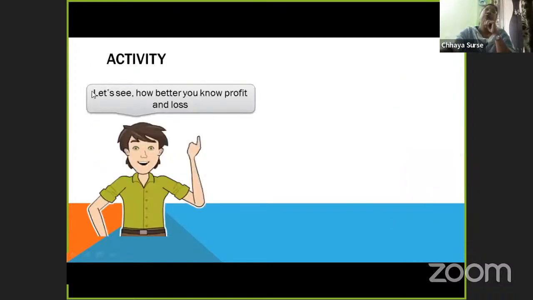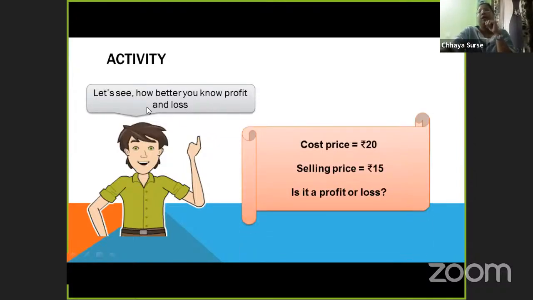Let's see how well you know profit and loss. Now you will give the answers and tell me, is it profit or loss? The cost price is 20 rupees and the selling price is 50 rupees. Is it a profit or loss?